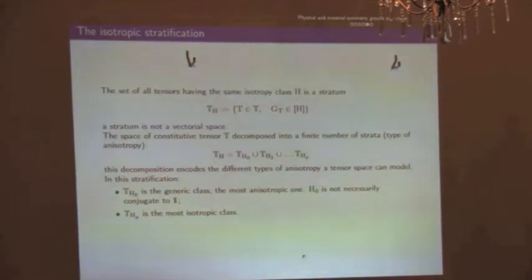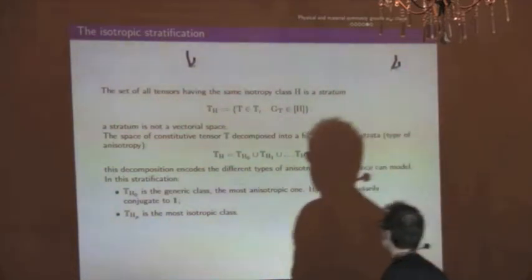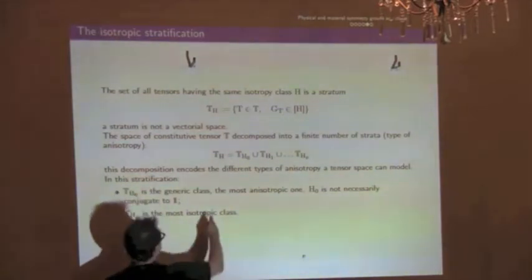The consequence is that you can make what is called the isotropic stratification. That is, you take all the tensors in your vector space and split them into sets having the same kind of symmetry. This stratification can always be done and is abstractly represented here.